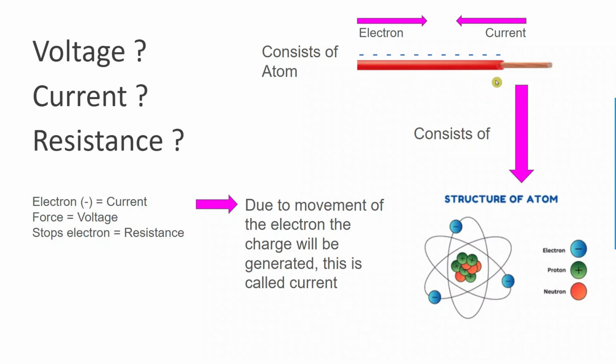Right now there is no current. So we'll understand what current, voltage and resistance are. If you see here, the electrons are moving from one direction to the other direction like this.